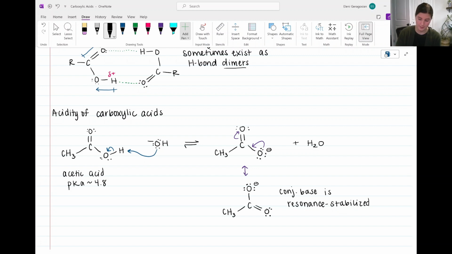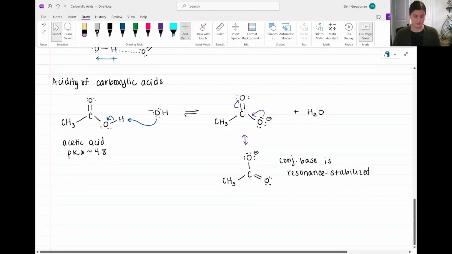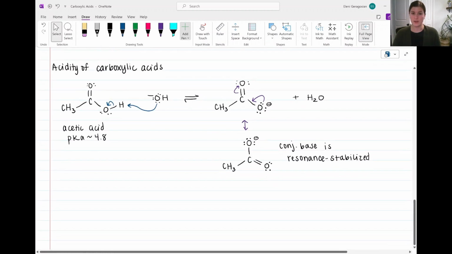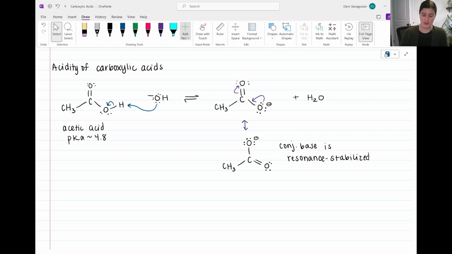And you might remember a more stable conjugate base means we have a stronger acid. So the acidity of a carboxylic acid is more acidic, or in other words, carboxylic acids have a lower pKa than molecules that have an OH group without any possibility of resonance stabilization in the conjugate base.